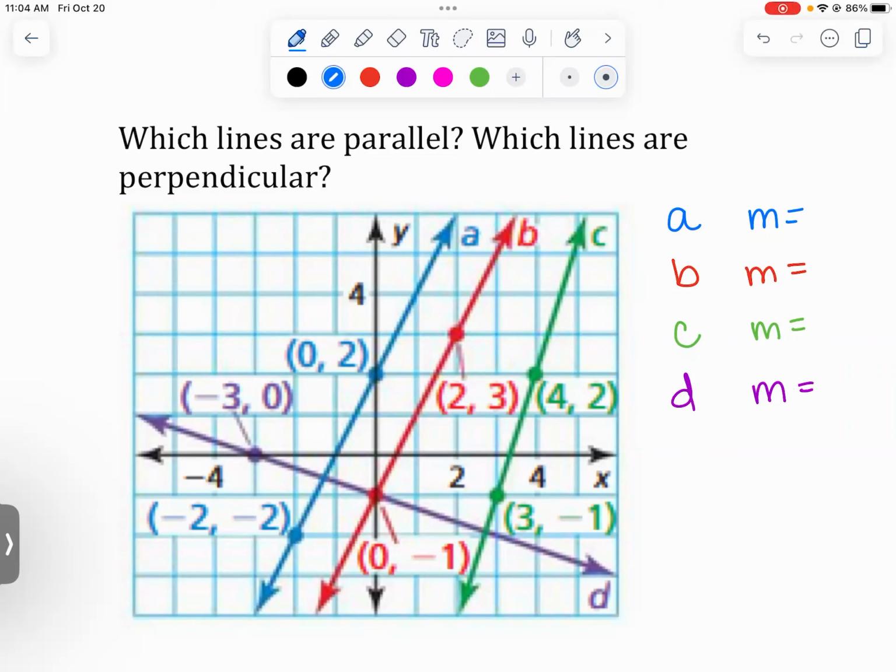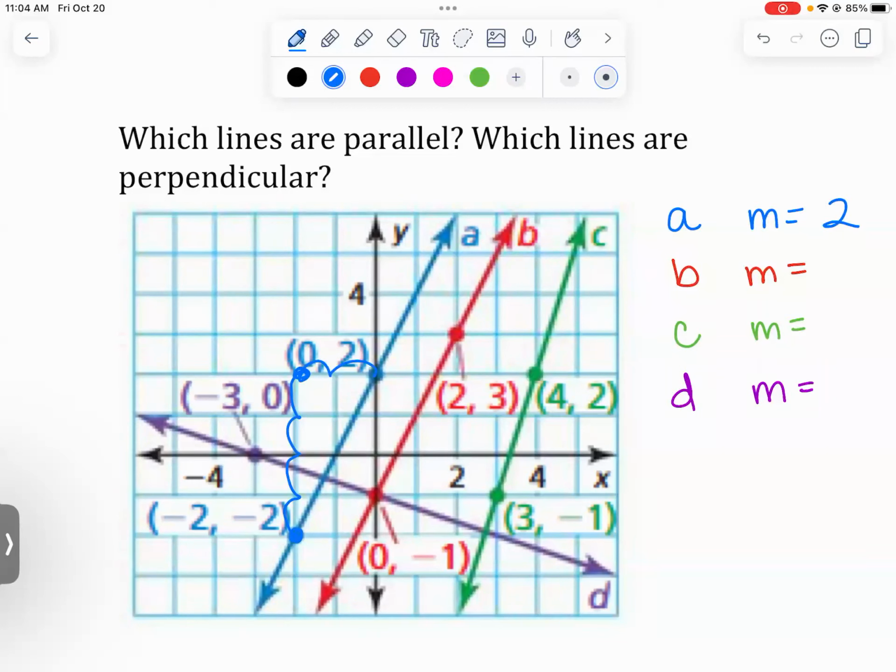Slope. Okay, Alexa, what's the slope of line A, the blue line? 3 over 1/2? What? You want to try that again? No, 4 over 2, which is 2.